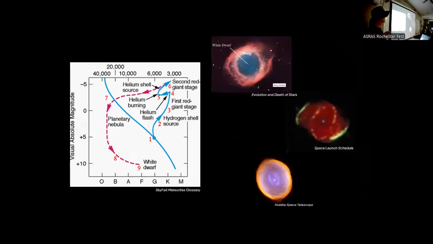So here's an example of some nebula. This is the Ring Nebula here, and this is the white dwarf right at the center of it. This is the Cat's Eye Nebula, again, white dwarf right at the center of it. The way these look different is an interaction between the gases emitted by the star and what dust is already out there, what other objects may be out there, what other sources of photons may be out there.